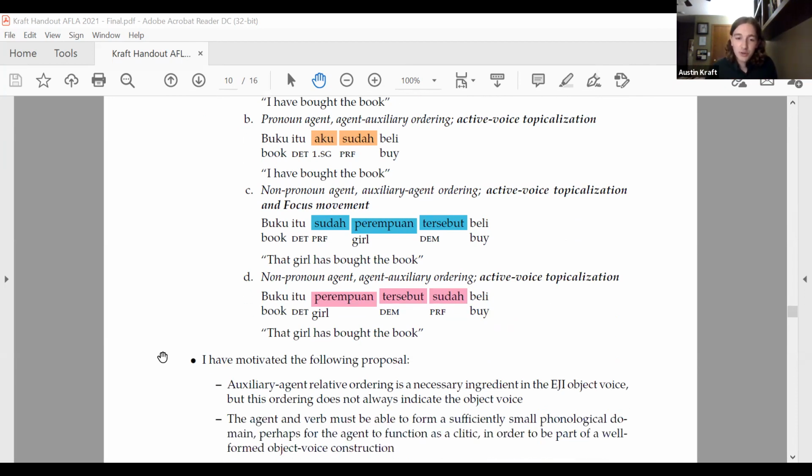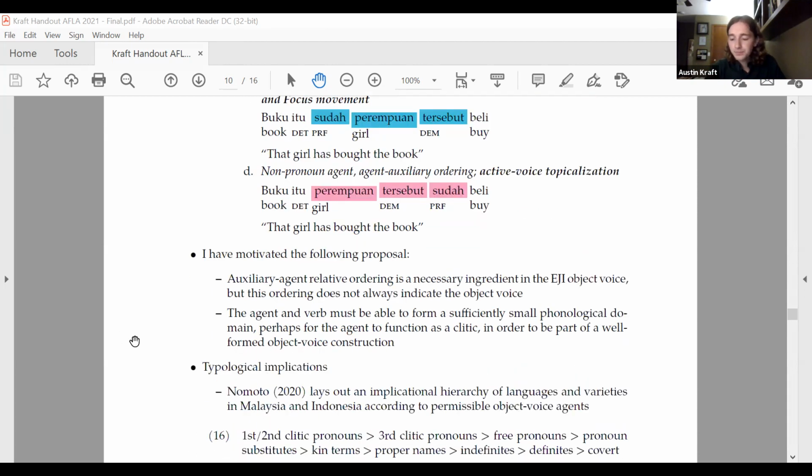And further, a complication that's enriching the findings is that the agent and the verb appear to form a sufficiently small phonological domain, perhaps for the agent to function as a clitic. That sort of account, rather than categorical pronoun or non-pronoun status, appears to be the account for well-formed object voice constructions with respect to the agent.